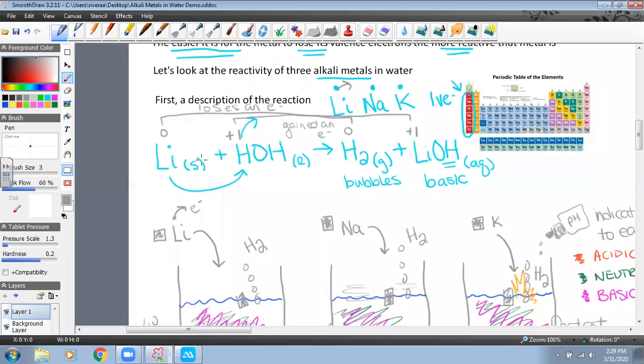So where did that electron go? It went to the hydrogen. Lithium had an electron to lose, and that water molecule had an electron that it wanted to gain. So that electron transferred from the lithium to the hydrogen in the water. Once that hydrogen got that electron, it bonded to another hydrogen and bubbled out as hydrogen gas.